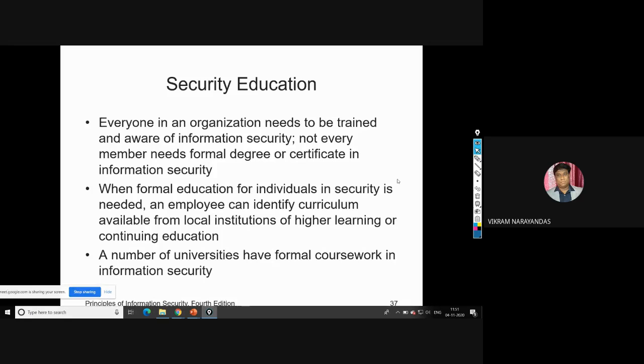These policies are trained and awareness is given to every employee in the organization. Every employee should understand and be aware of these policies and laws. If we don't follow these policies, different laws may be applicable depending on the behavior of the employee. It may be civil law, public law, or private law.